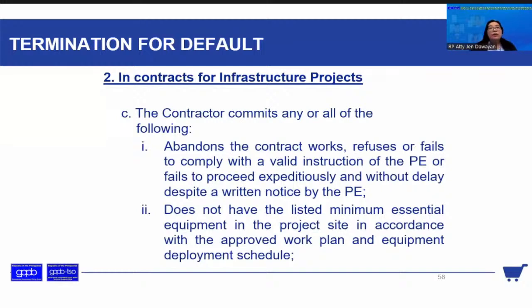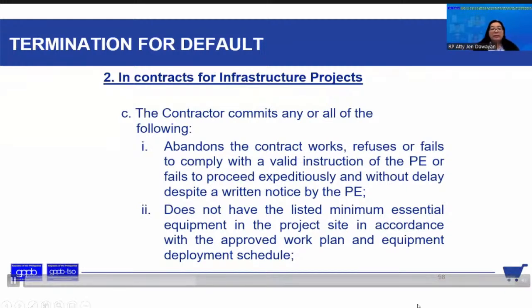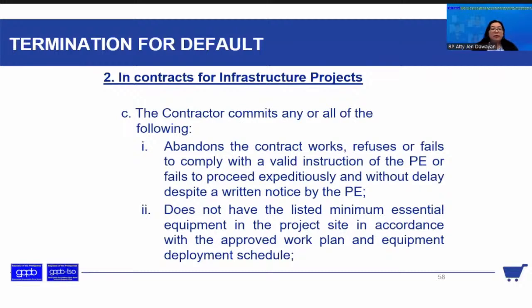Secondly, adding up the equipment. He should add equipment per contract because he is not complying with the conditions that were part of his bidding document, and he fails to proceed expeditiously and without delay despite such written notice, then he will still be liable for this.